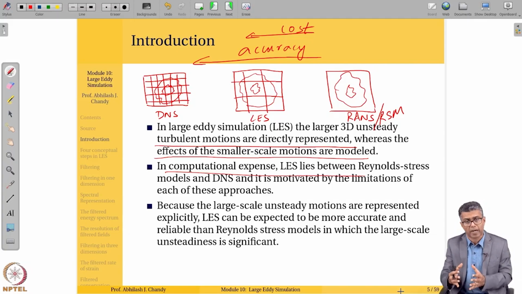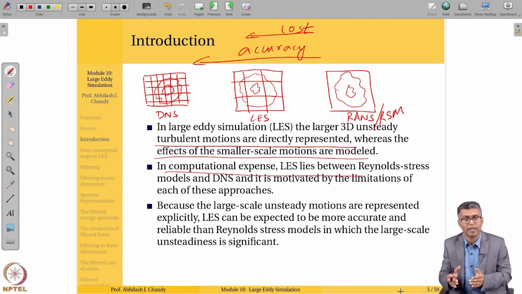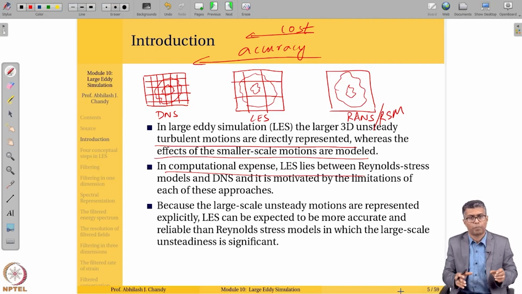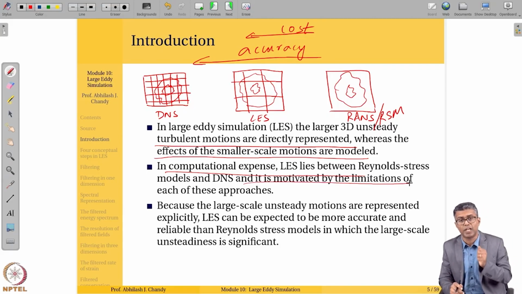We are willing to spend some computational effort on the approach. We don't want something computationally cheap like RANS, and we don't want something as inaccurate as RANS is. So we want something in between. That is where we have this alternative approach, which is in between DNS and RANS, cost-wise and also accuracy-wise.